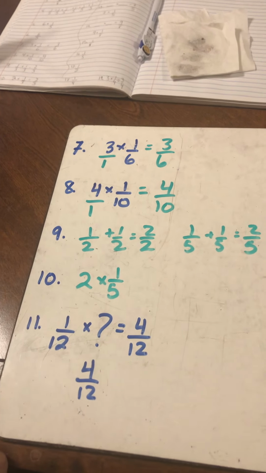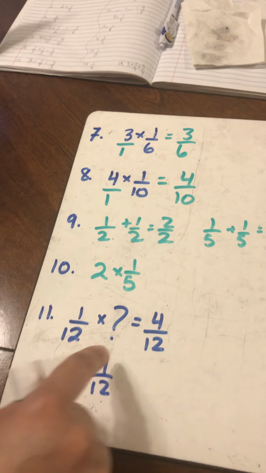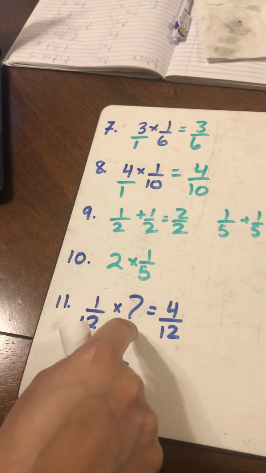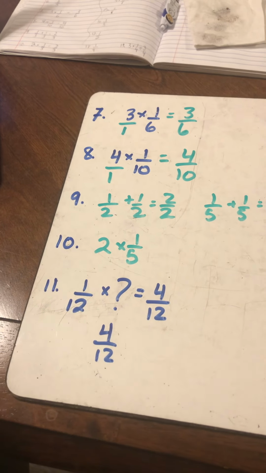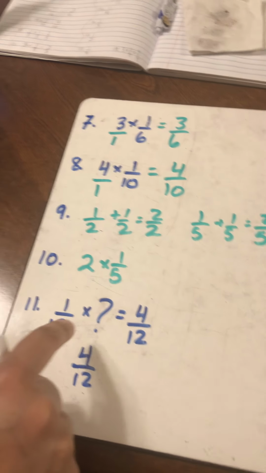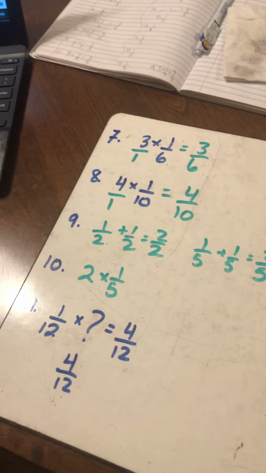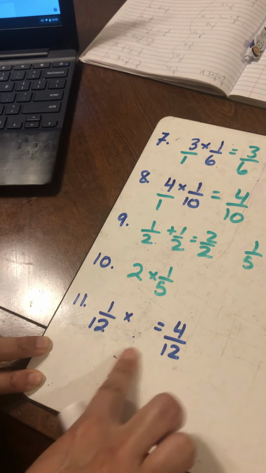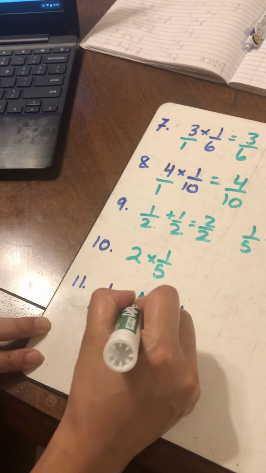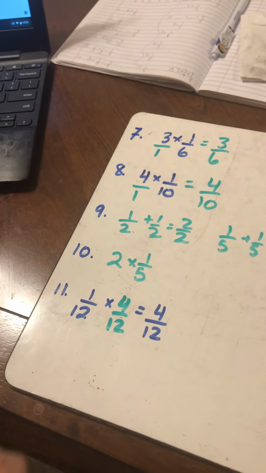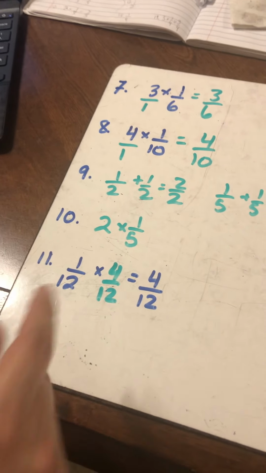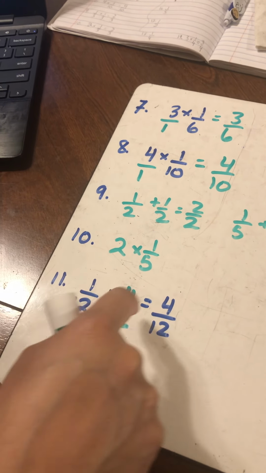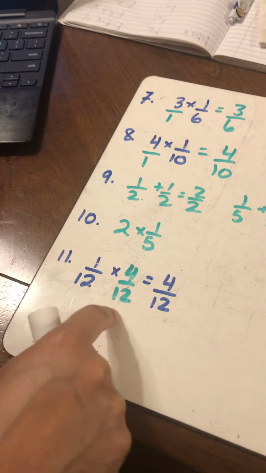Okay, number 11, there's a missing fraction here. So you had to figure out what is the missing number that completes the equation. So you have 1/12 times a number equals 4/12. Now, some students wrote 4/12. And I could see why, because when we add fractions, we're used to looking at just the numerators and thinking the denominators stay the same.